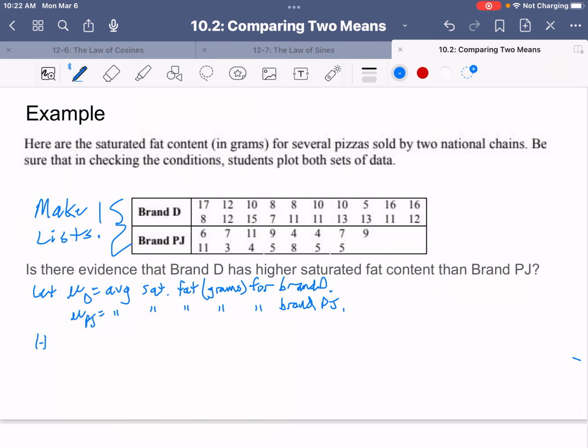The null hypothesis will be the average for brand D minus the average for brand PJ is equal to 0. They have the same saturated fat content.